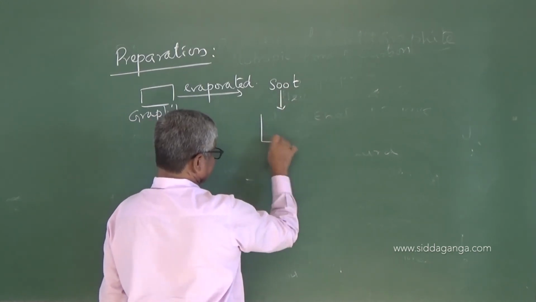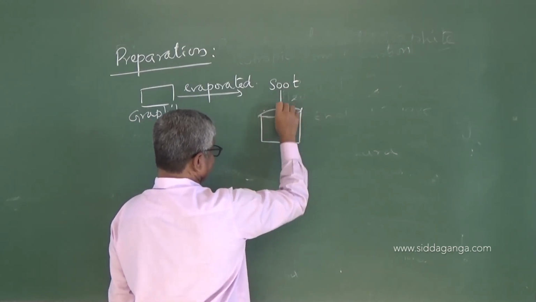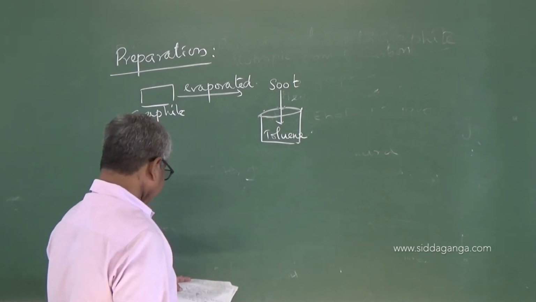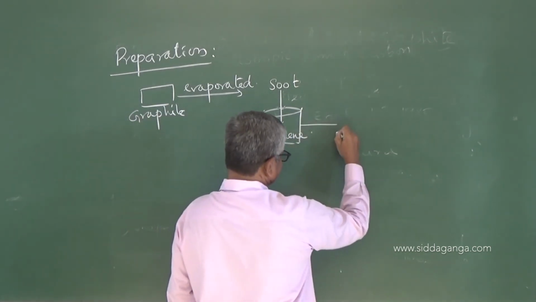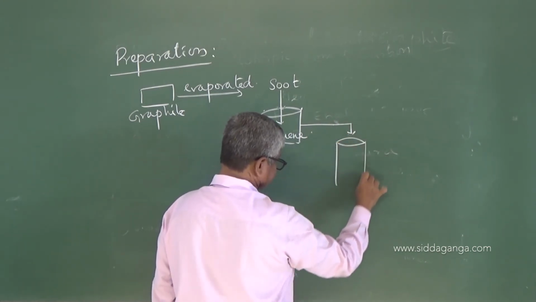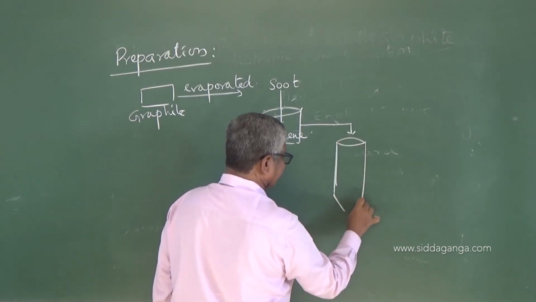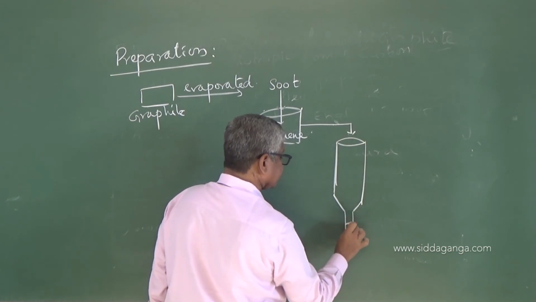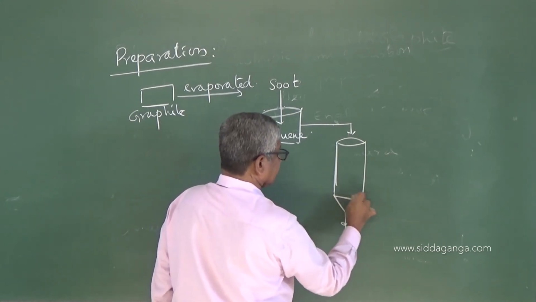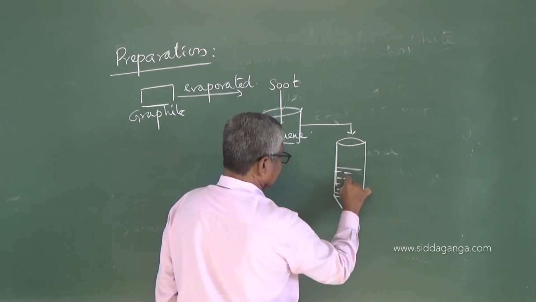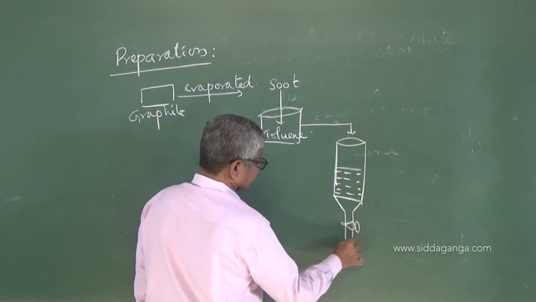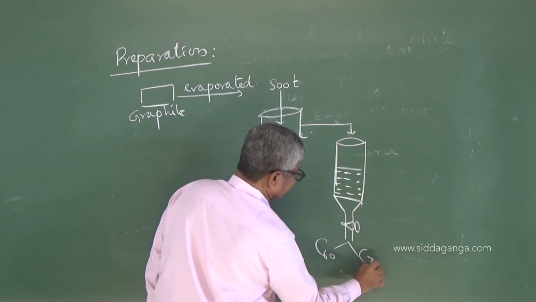The soot is dissolved in toluene, then passed through column chromatography, which gives C60 and C70.